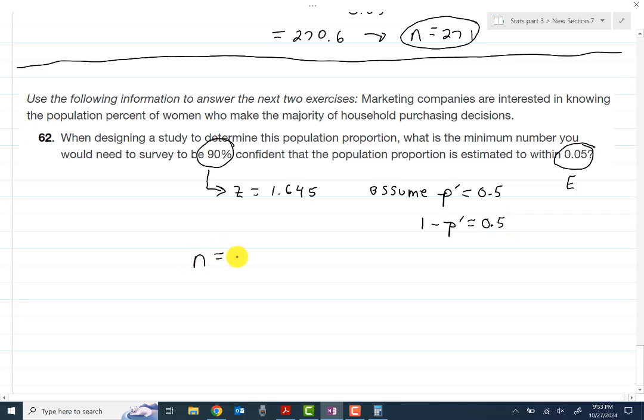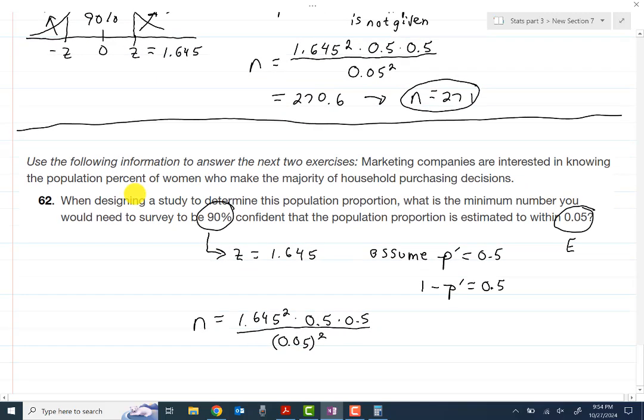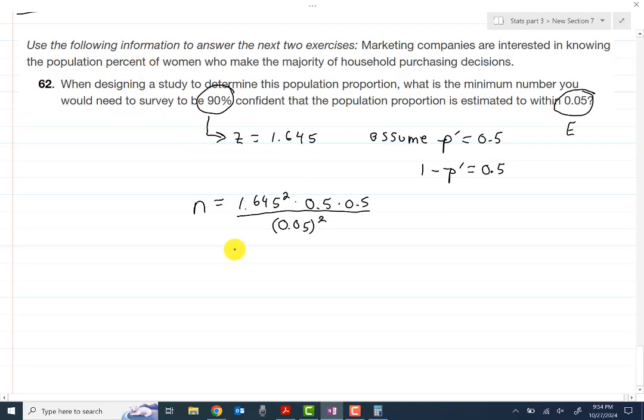So my n will be 1.645 squared times 0.5 times 0.5 divided by 0.05 squared. And you'll see these are the exact same numbers from the previous problem. We're going to get 270.6. So we'll round up to n equals 271.